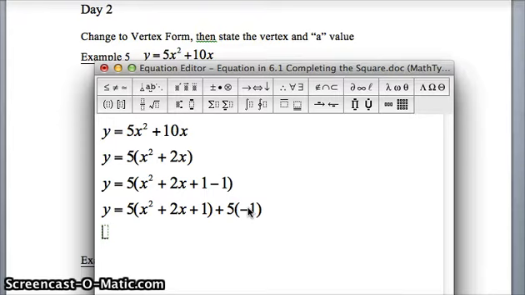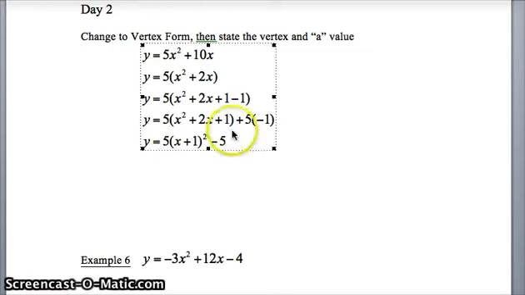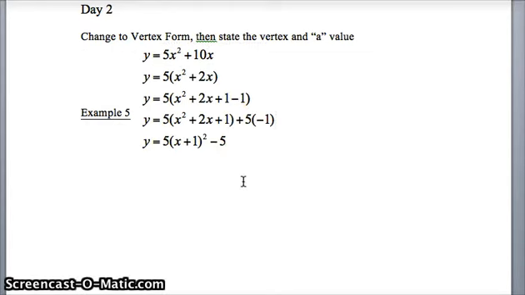Okay, so the next line we have y equals 5 bracket. We can factor what's in the bracket, which is going to be x, and then half of the middle term, so x plus 1 in brackets squared, and then we simplify what's outside, which would be minus 5.